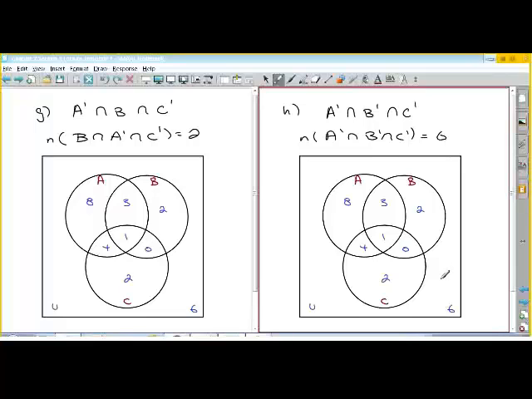It's that number right there. What's going on there? Well, you're taking everything outside of A and everything outside of B and everything outside of C and finding the overlap. And the only overlap is everything outside of all the circles, which is what that number represents.